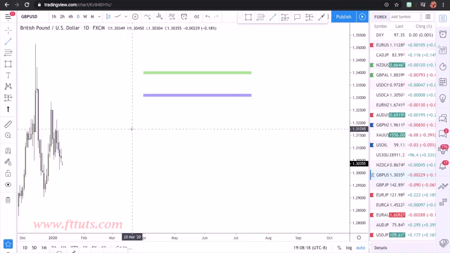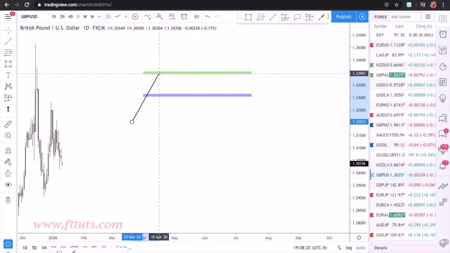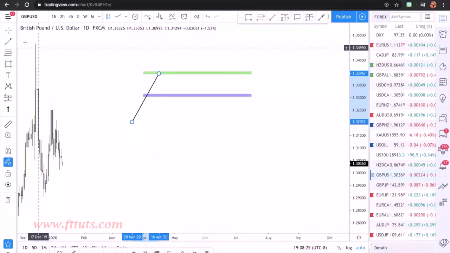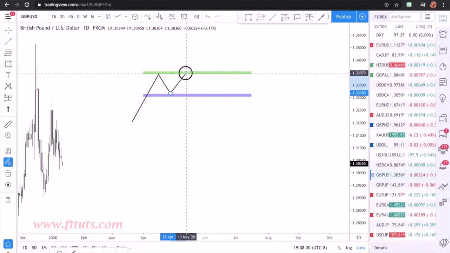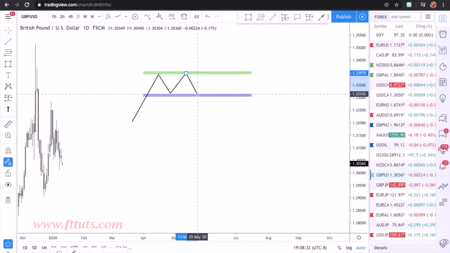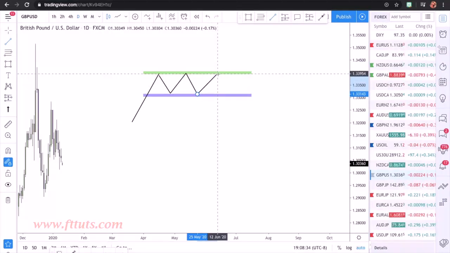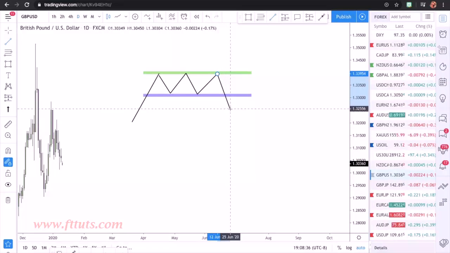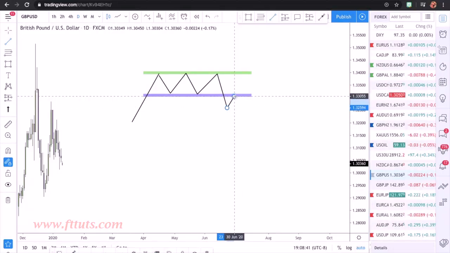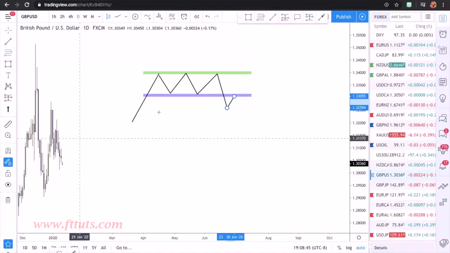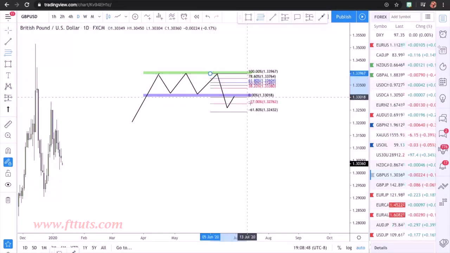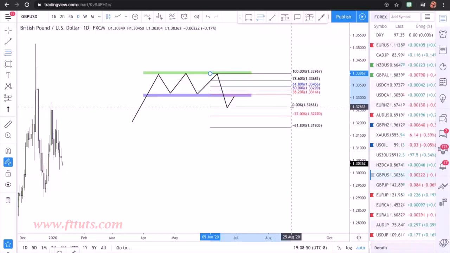Okay, so same scenario except price goes below. Okay, so what we want to do is draw our fibs from the high to the low.